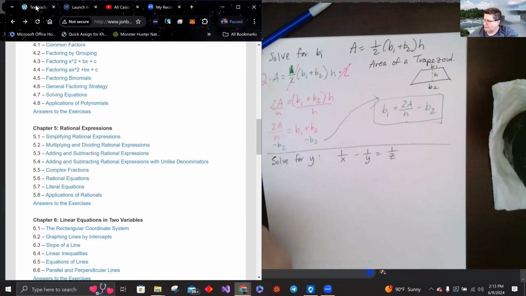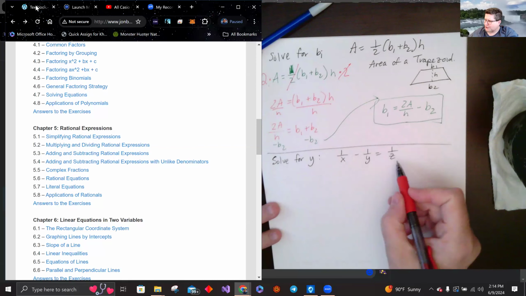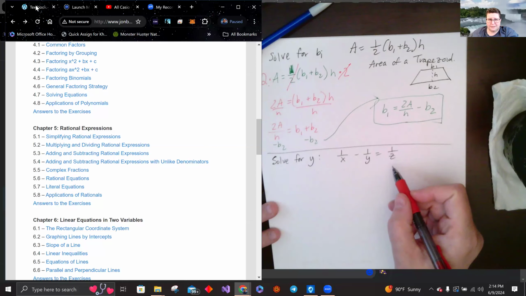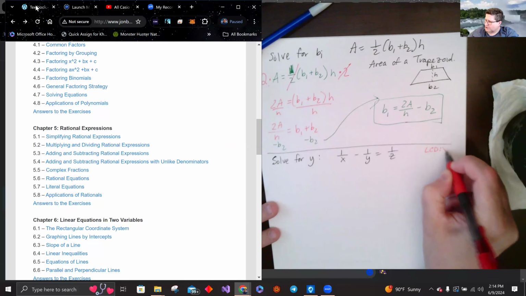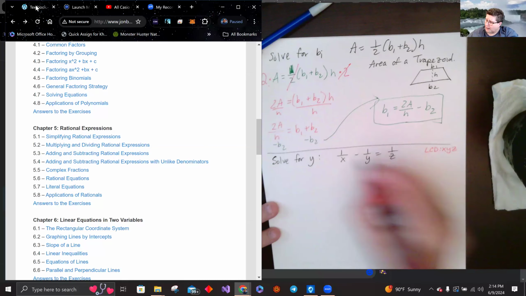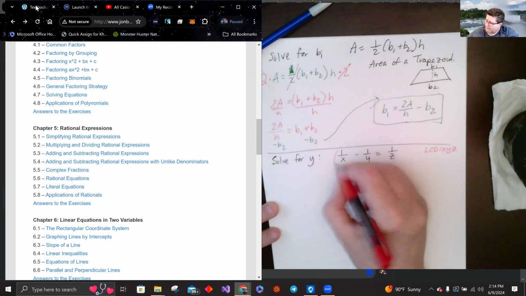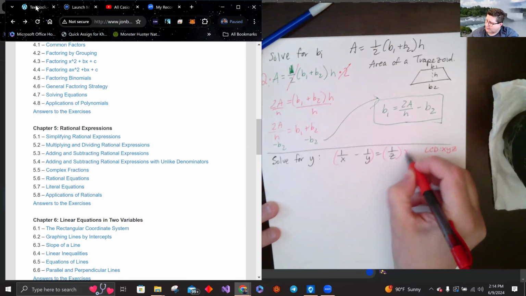All right, so the way we did it before when we had a bunch of fractions, these were rational expressions, we found the LCD, which should be 1 from each denominator, x, y, z, and we're going to multiply both sides by x, y, z.